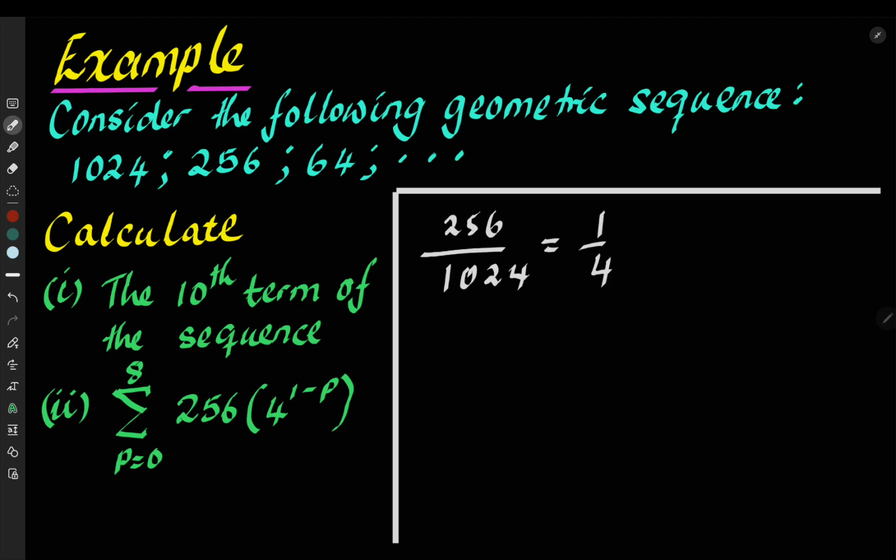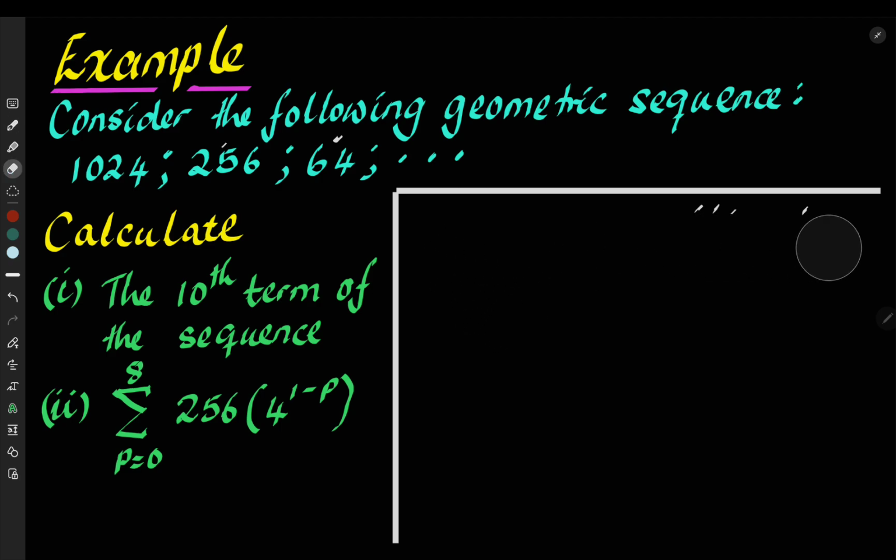You can see again, if you take 64 divided by 256, that will also give you a quarter. So you can see exactly that this is a geometric sequence because we have a common ratio of a quarter, and we're going to use that common ratio soon.